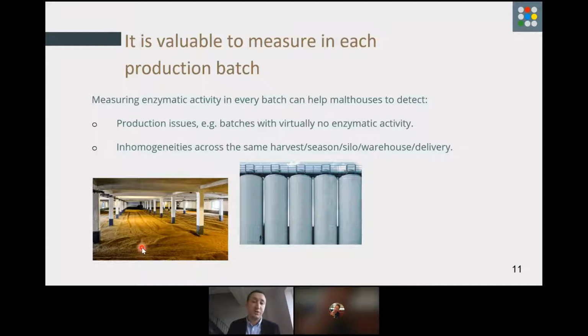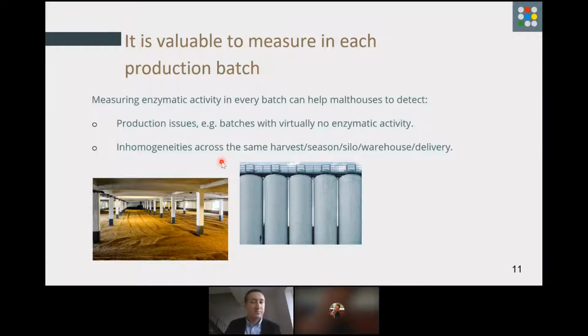There could also be inhomogeneities across different silo storages of the malt. Most malt houses mix different batches in one silo, or there could be variations from one season to another, or within the same harvest, or it could be a supply made to a customer in which several different malts are mixed.